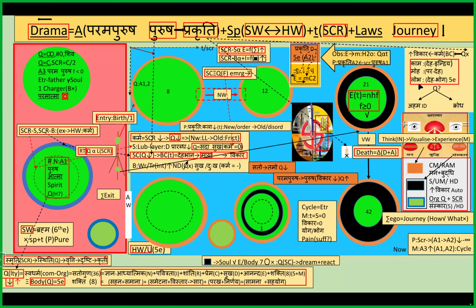So Kam, Moh, Lobh can be explained. And then if you are satisfied, it will become Aham, your identity. If it is not satisfied, there will be Krodh. So all this will generate the 5 vikars, and those vikars are those black layers. So these vikars will be generated.